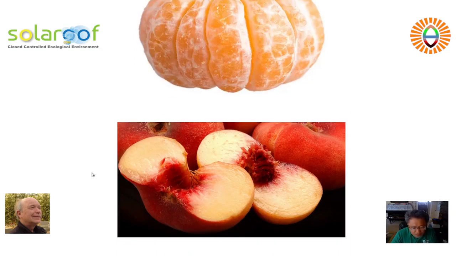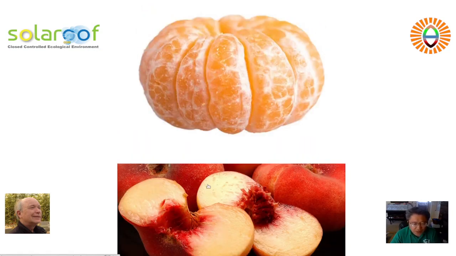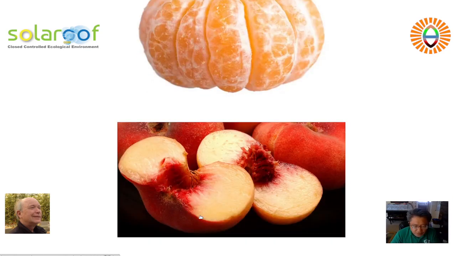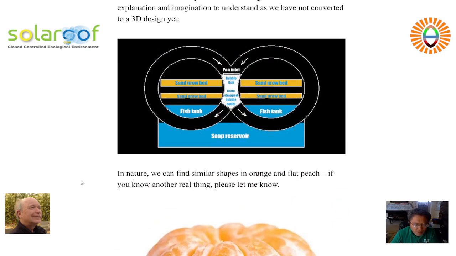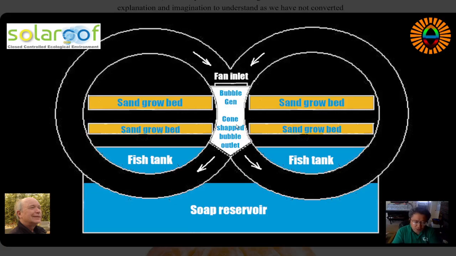I call it panto because in reality we have this thing, right? And similar to orange, but I think flat peach is a better representation. So anyway, for that reason I call it that, because ideally I like to have a greenhouse that I can grow all kinds of fruit.